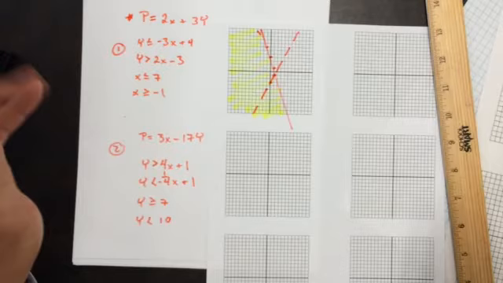Then it tells me x is less than or equal to 7. So I'm going to go to 7. And that's going to be a vertical line. And it's less than, so it's going to be shaded this way, which doesn't really change anything that I had. If I continued my lines on, it's not even ever going to touch it, so don't worry about it.